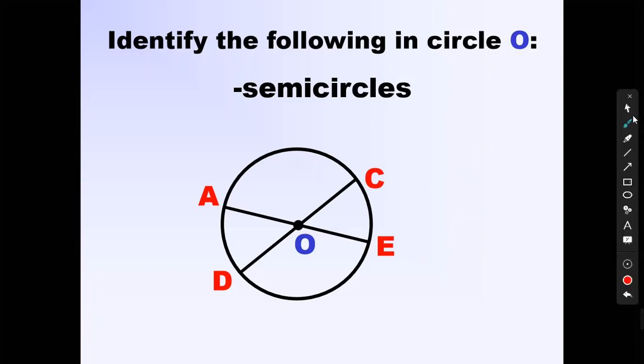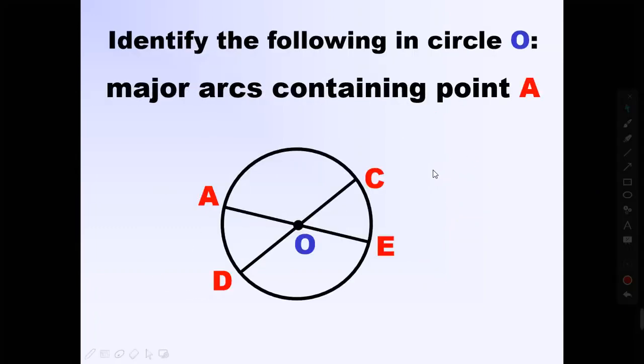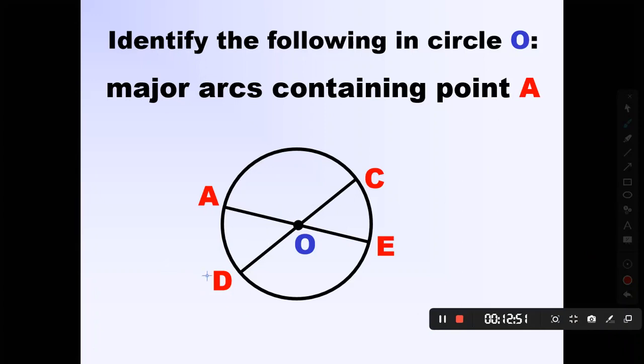Let's go on to the next slide. How about all the major arcs that contain the point A? It has to be bigger than 180 degrees, and the point A is included. When it's a major arc, that means it's bigger than 180 degrees.